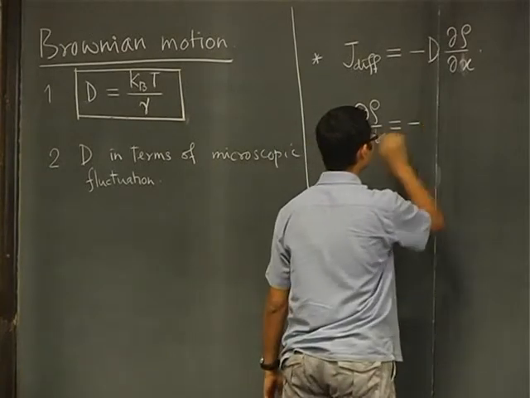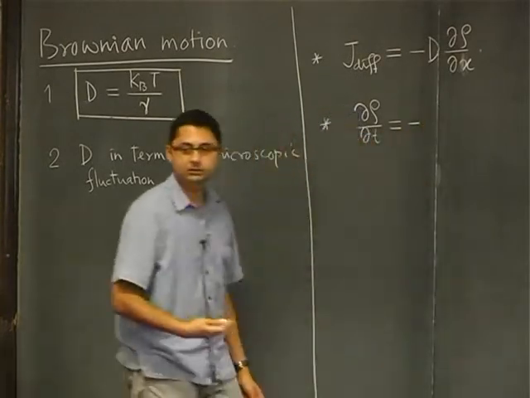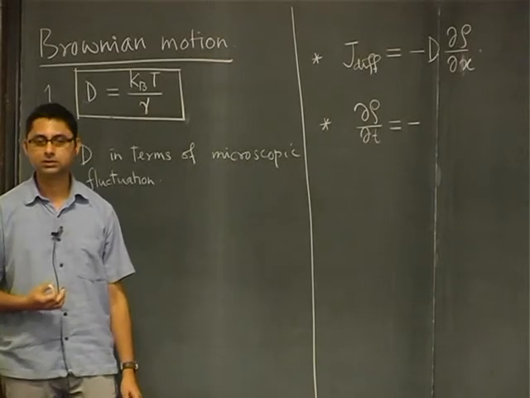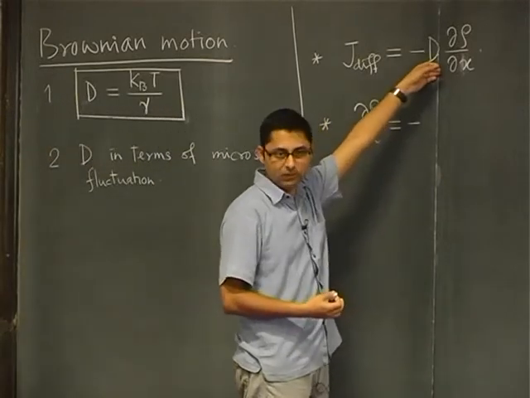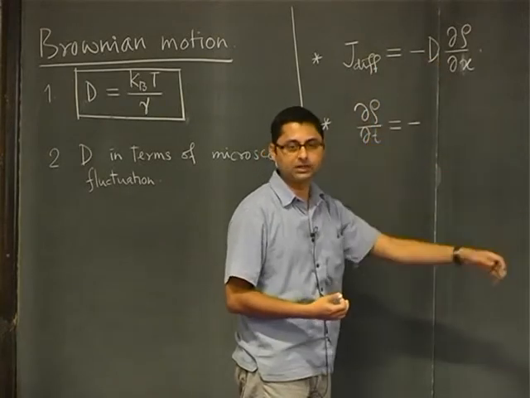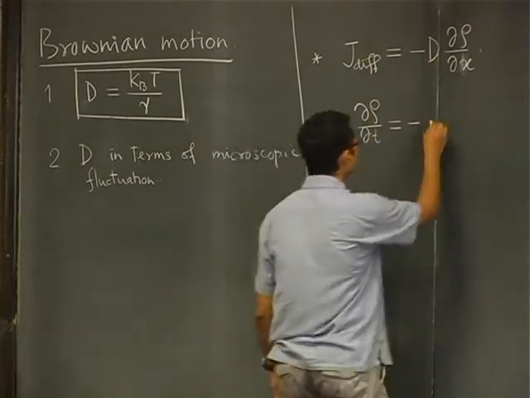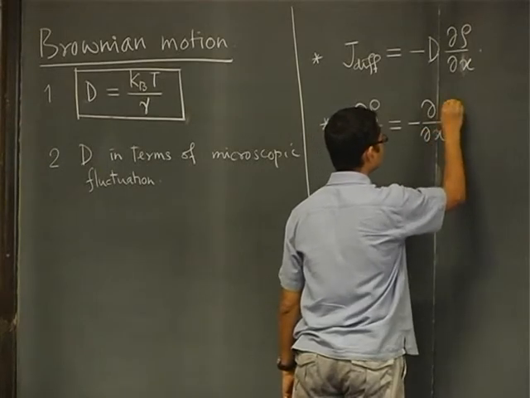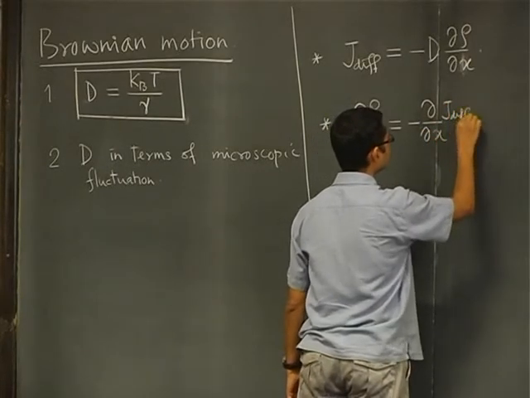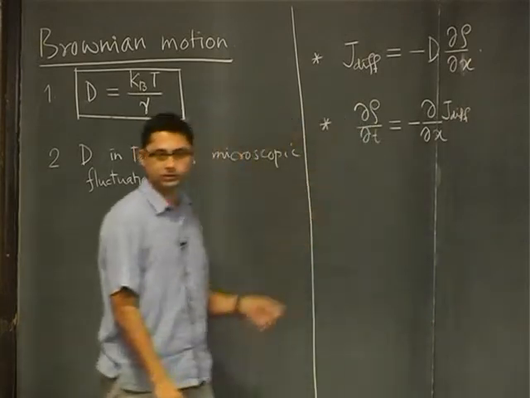What is the continuity equation? It should be the divergence of this. I will just do it in one dimension, but you can generalize to higher dimensions. It's very trivial, right. So in one dimension this is the divergence, right. So this is the continuity equation.